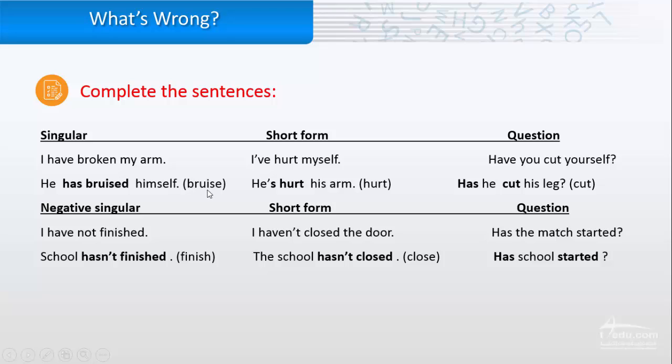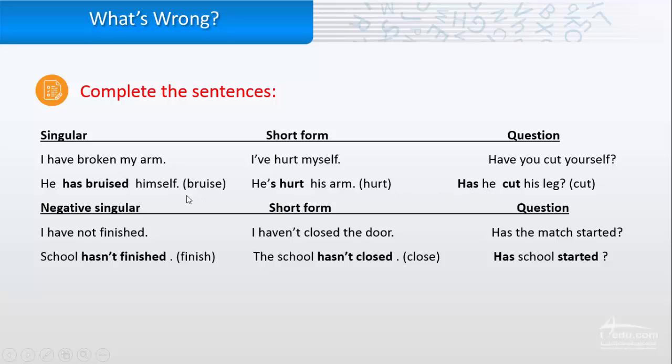So the verb here is bruise. It's going to be bruised with ed. If it is in the shortened form, it's going to be he's hurt his arm. The hurt here is irregular. Has he cut his leg? Again, cut here is irregular, and we started with has because we have here he.